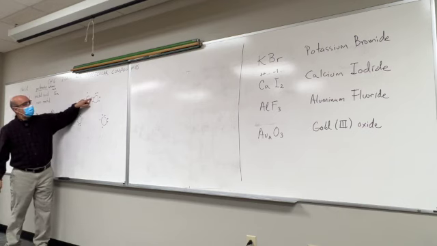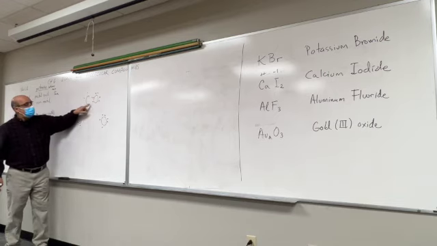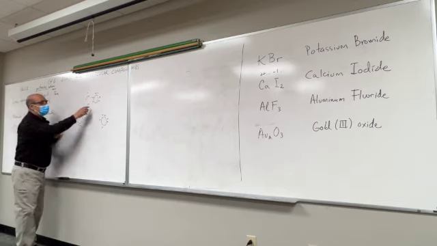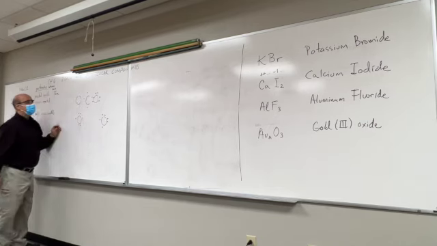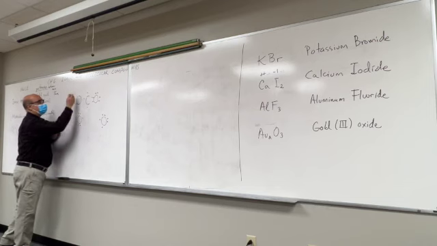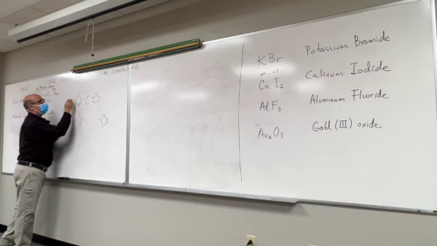But this electron now is partnering with this electron. And what I'm going to do next is do the same with the other oxygen. So I'm going to put the other oxygen on the other side with the 6 electrons that I have here. 1, 2, 3, 4, 5, 6.